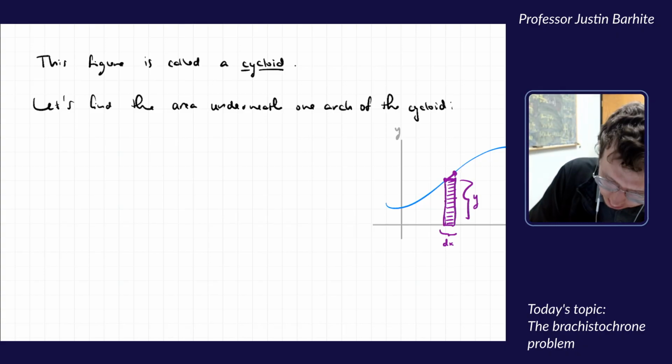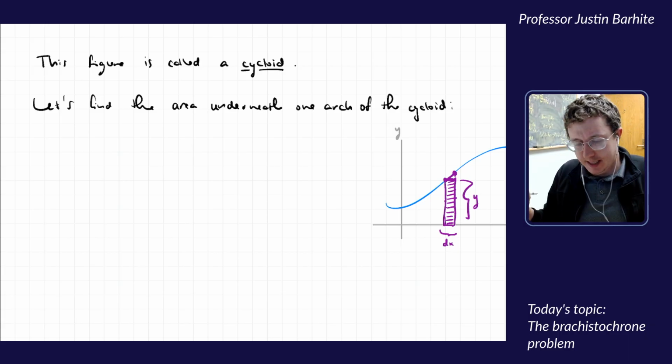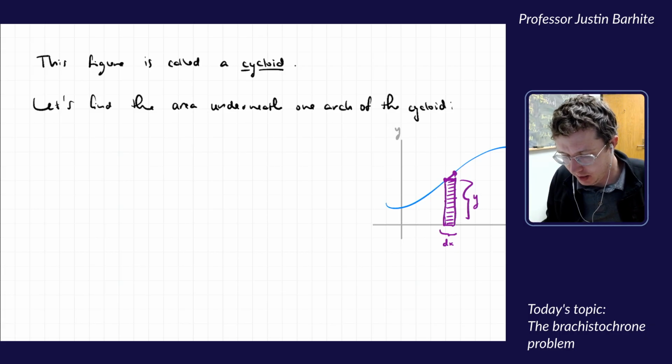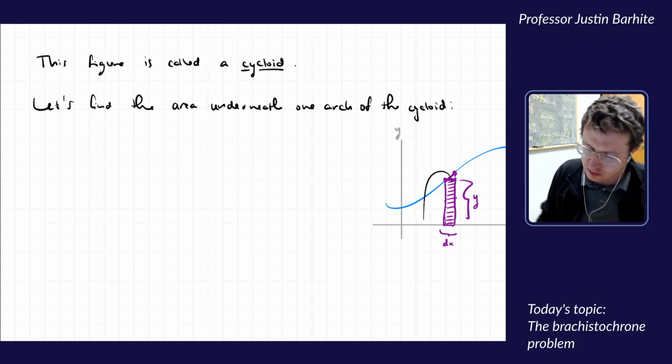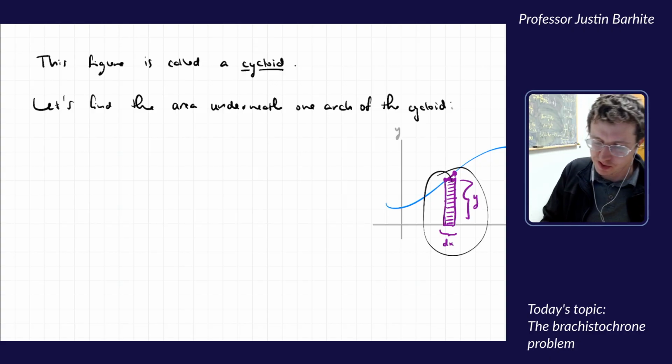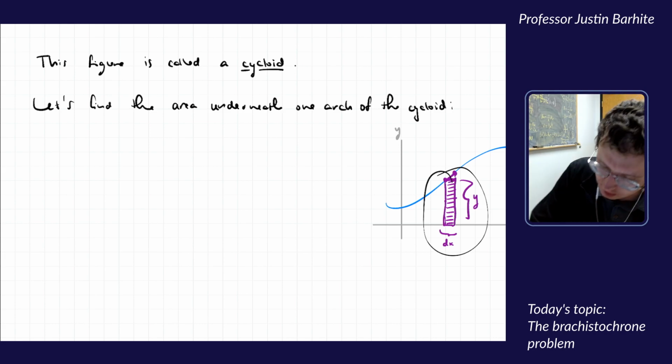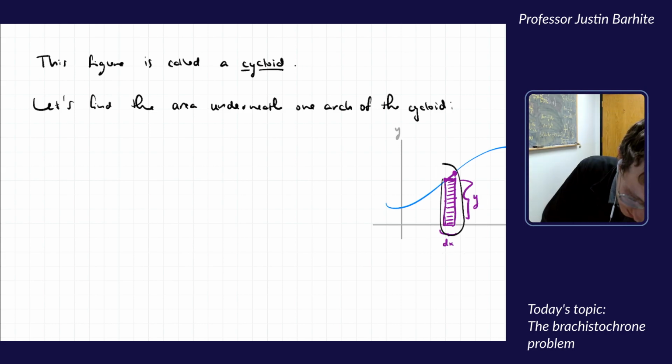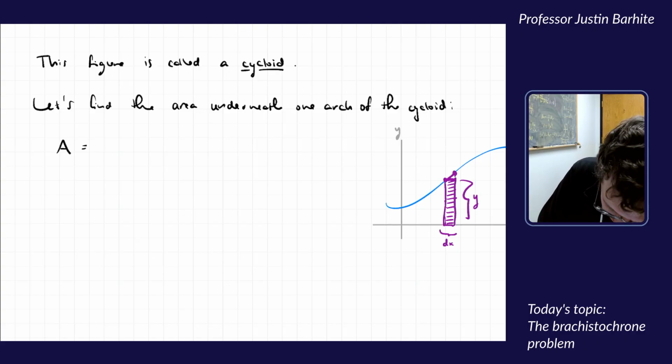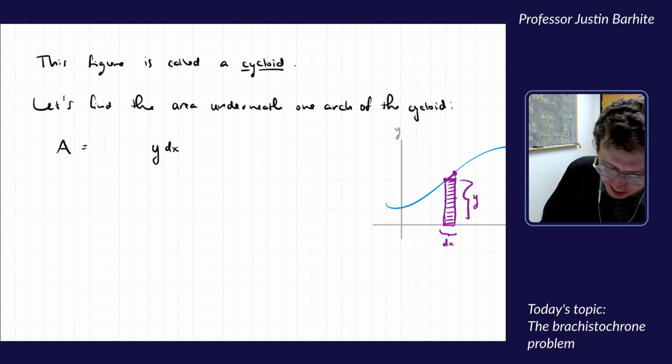Okay, so what have I been saying this week, last week? How do we compute things in Calc 2? We solve a very small problem, and then we just add up all the solutions. So this little area is y times dx. That's the area of the rectangle.